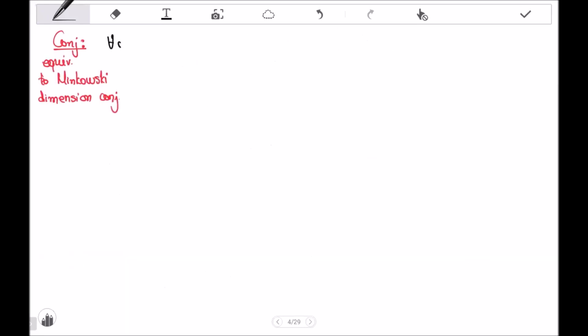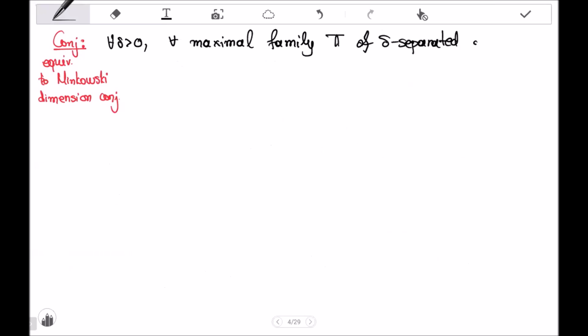It says that for every delta positive, for every maximal family of delta separated delta cubes in R^n, I have that their union must be big. The union of the cubes in this family is at least 1, whatever that means.